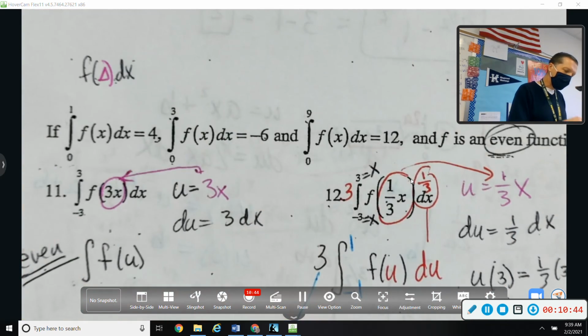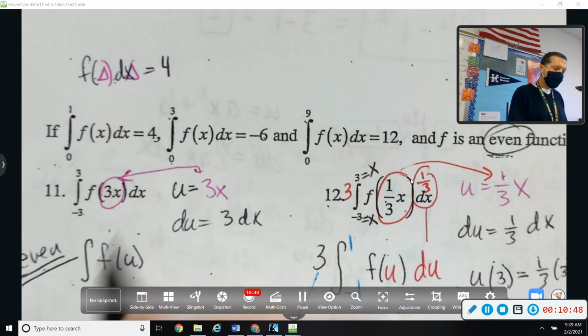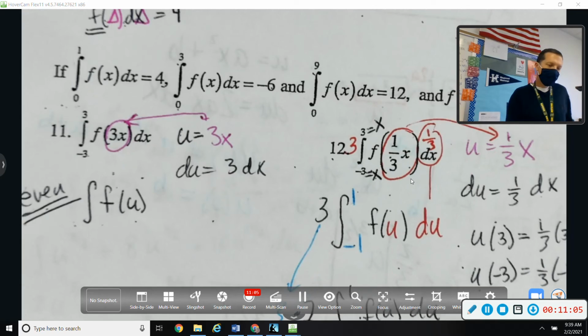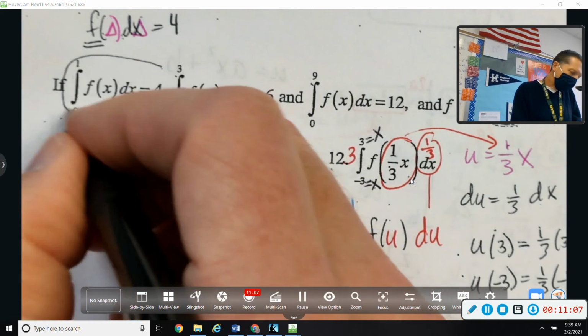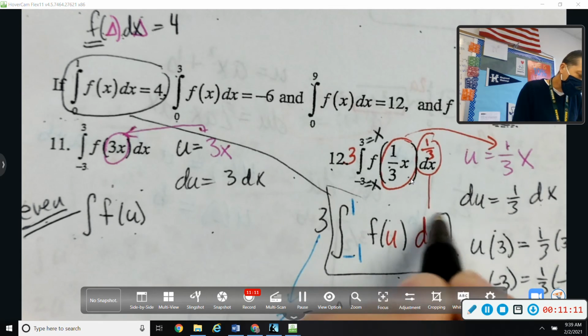I would need to do it with regard to the pink triangle, but that would be 4 as well. So f is the name of the function. What's inside is just the variable that we need to call something. So f of x versus f of u, it's just a matter of what you're calling the inside variable. What the function is doing is f. That's the same for both. So that's why f of x can substitute that in, even though it says f of u.